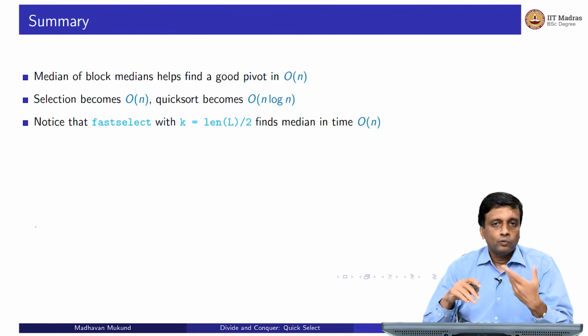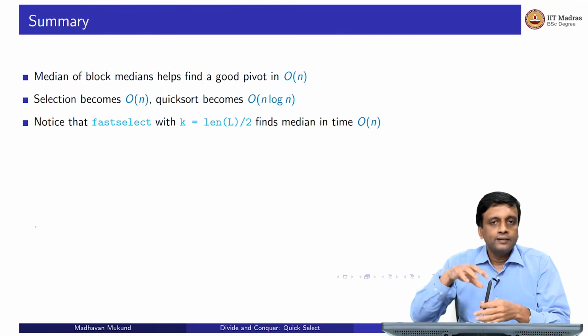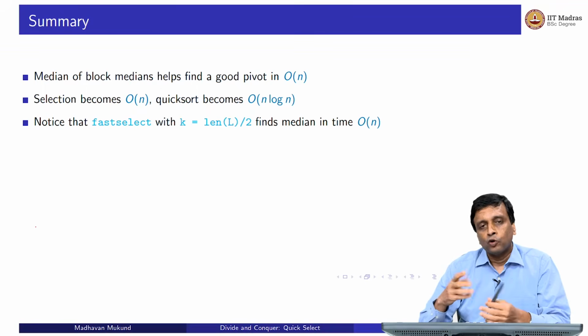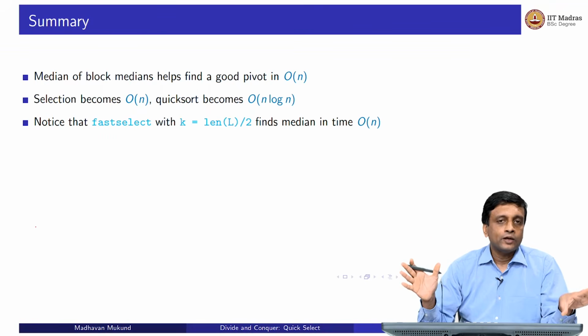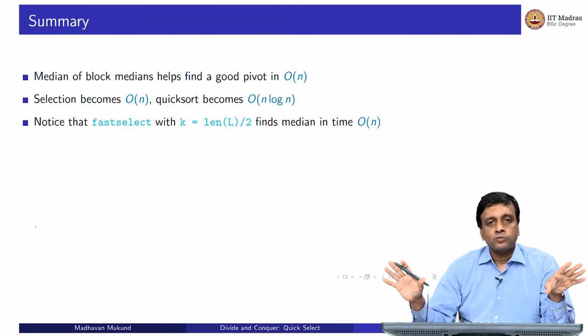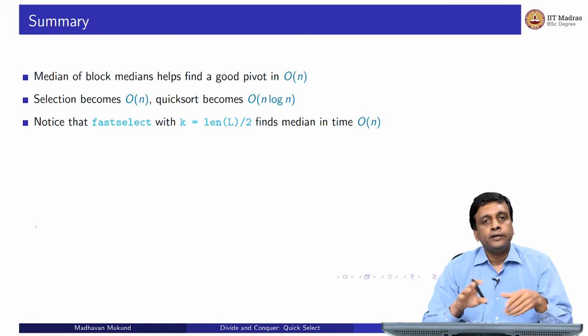You can actually work it out so that you build in that median of medians and make it a single algorithm, but it's more transparent to keep it as two separate things: a median of block medians and then a quick select. So you apply quick select with k equal to n by 2 and call median of medians for the pivot, and you will get the actual median in linear time.